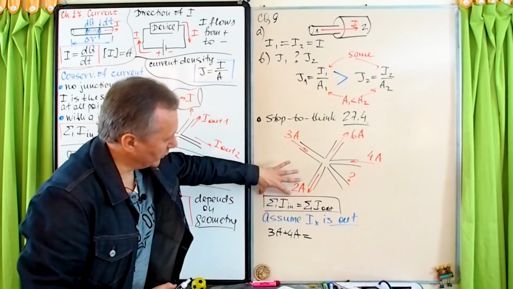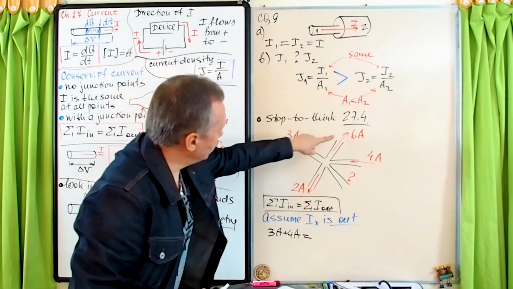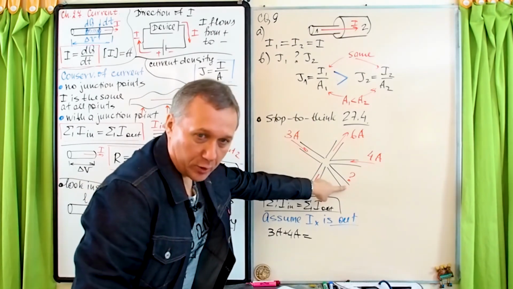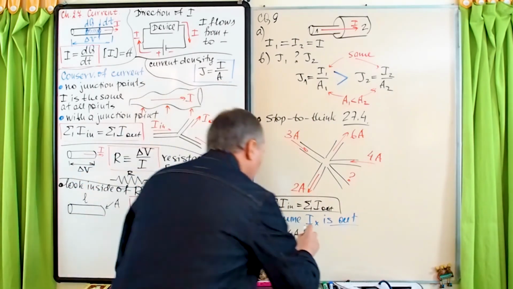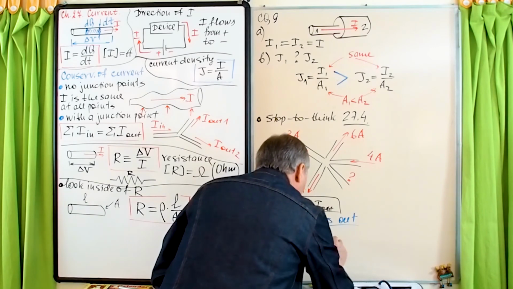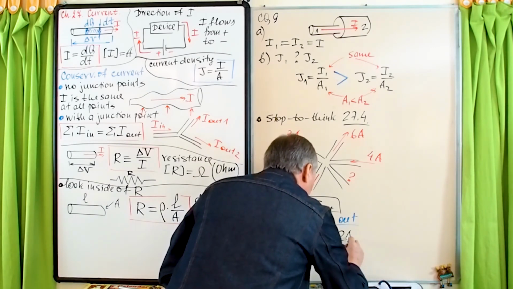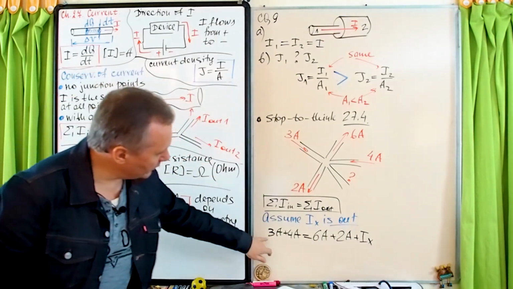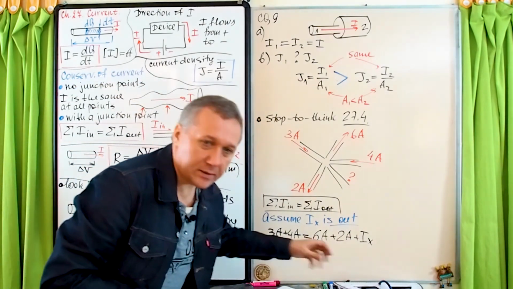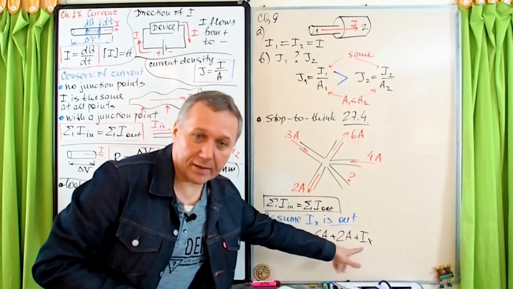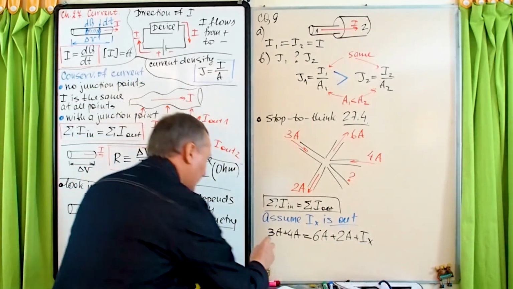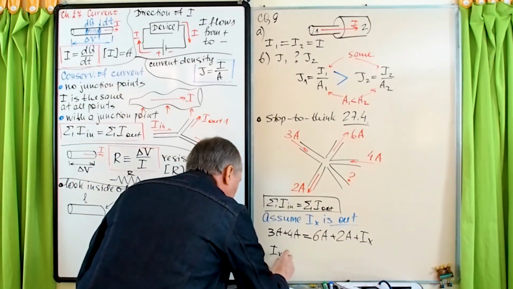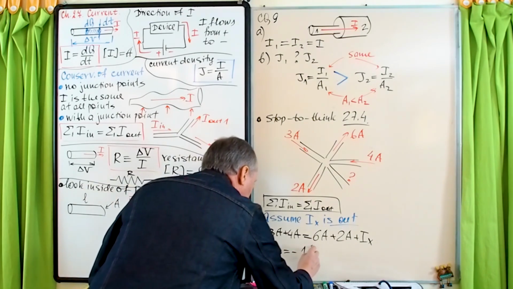That's this side of the equation. Now out: 6 amps plus 2 amps plus our unknown current. So solve it. Here we have 7, here we have 8. So it means that Ix is minus 1. So Ix is minus 1 amp.